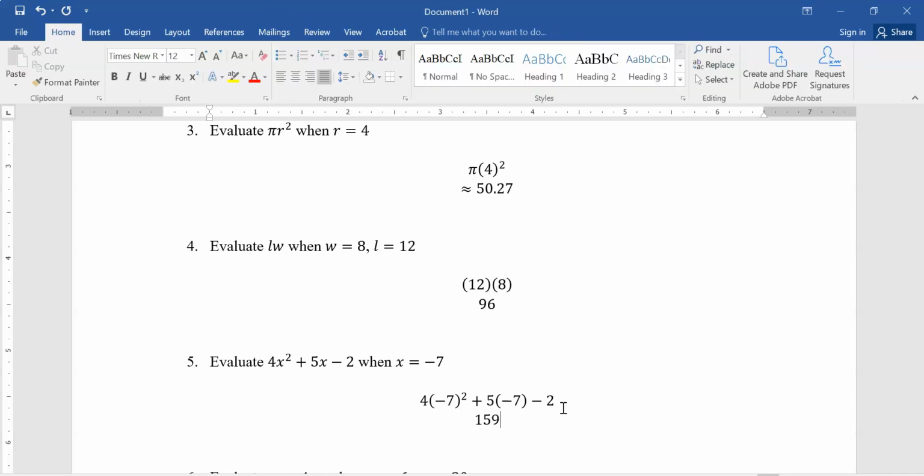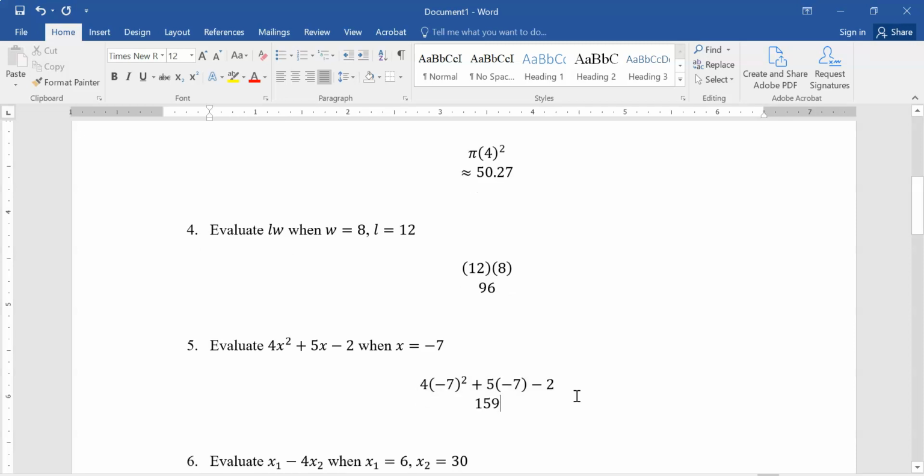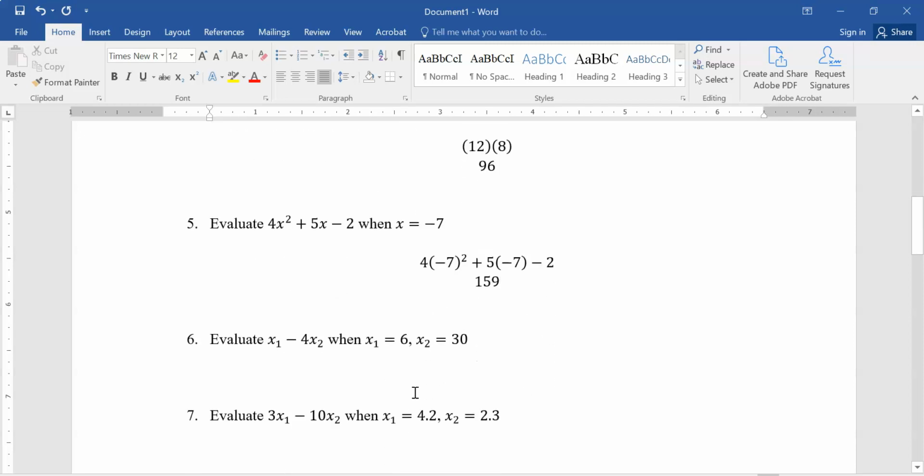Again, be very careful how you type in this -7 squared. If you didn't write those parentheses, you'd end up with like a -233, which is completely wrong. So make sure you write this -7 and then all that in parentheses, with the caret 2 being outside of the parentheses.